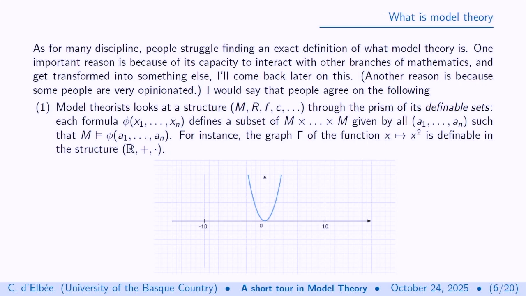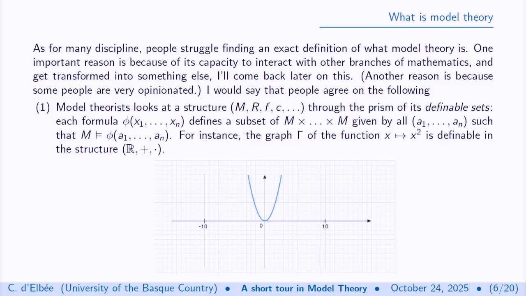It's not always the case in math, but really in model theory we have a problem identifying what it is. People struggle to find an exact definition. Oh, yes, I was listening on the way. Udi Hrushovski has a definition of model theory as the geometry of tame phenomena, something like this, which nobody understands, of course.